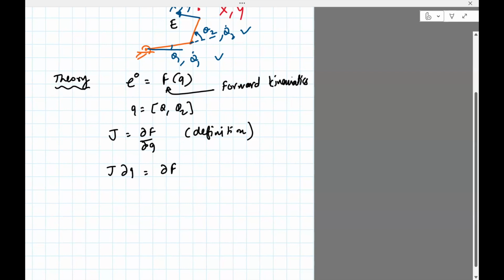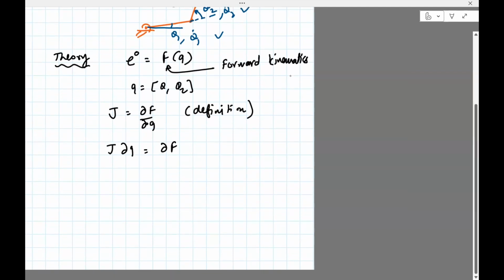I'm going to move things around: J dq equals df. What I'm going to do next is divide both sides by dt. When I divide by dt, I can replace the partial derivative with the complete derivative, because when you take the time derivative, there's nothing else floating around.